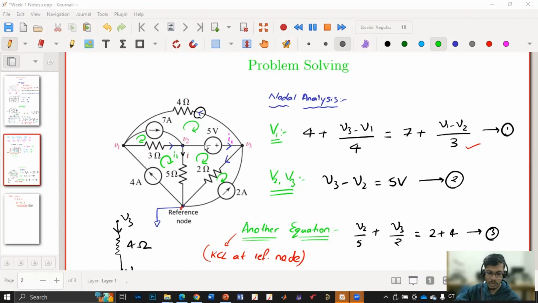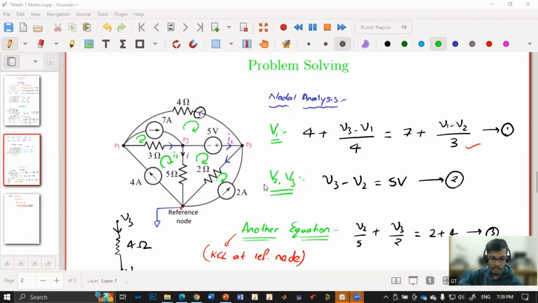Then either you need to transform it into the subsequent branches, or you can assume the current and apply KCL here and here. So you'll get one more additional equation and one more variable. That is one way to do it. But in this given problem, we have found that if we apply KCL at the reference node, it will make our job much easier.